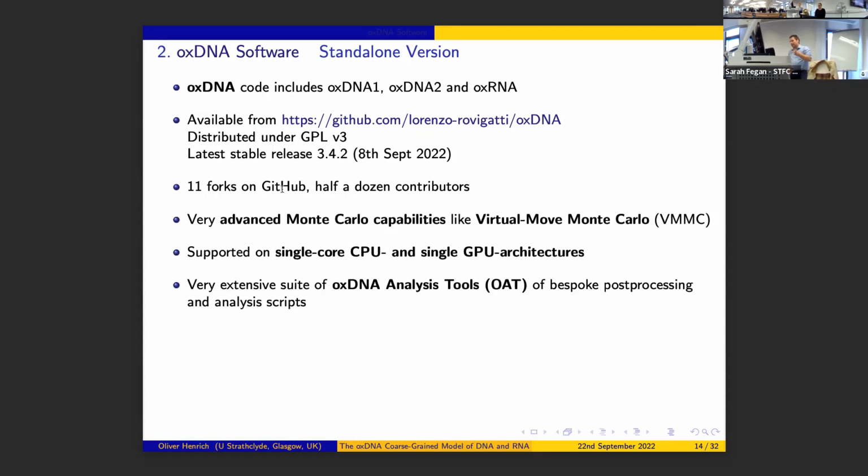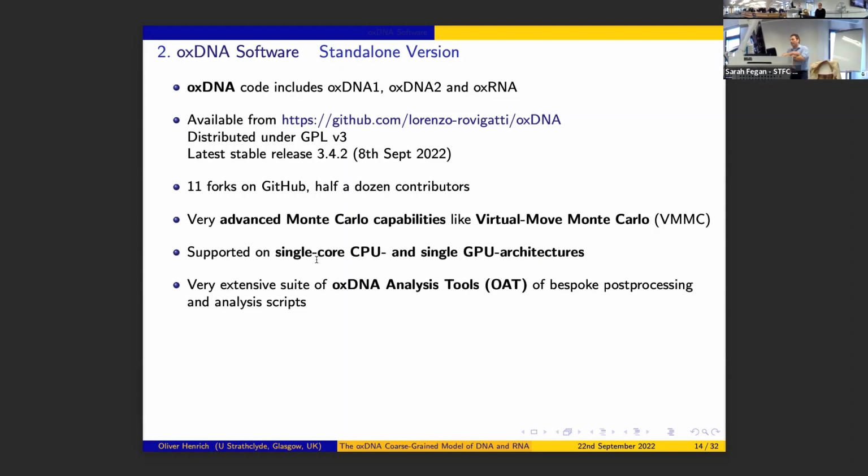We see these two implementations as more complementary than competitors. LAMMPS currently doesn't work on the GPU. We'll get this at some point, but it's the main MD code, whereas the standalone version is the main MC code. At the moment, it is supported on single core CPUs and single GPUs, and I think it will never be anything else than that.